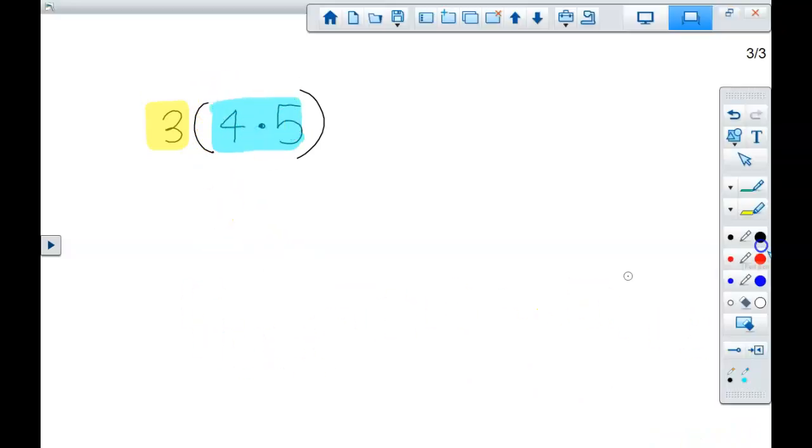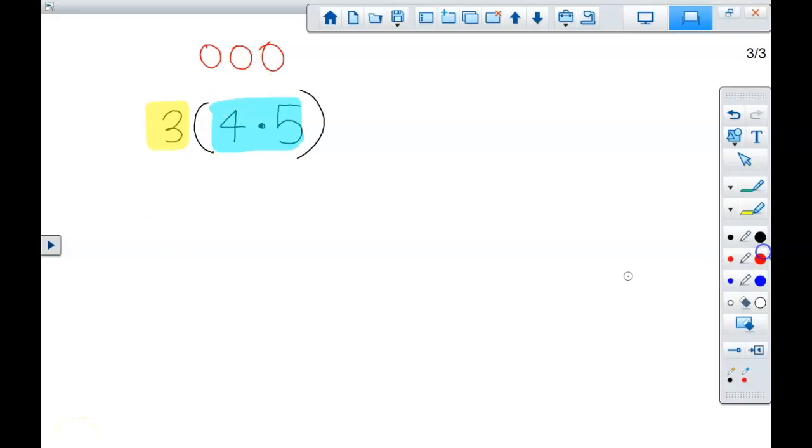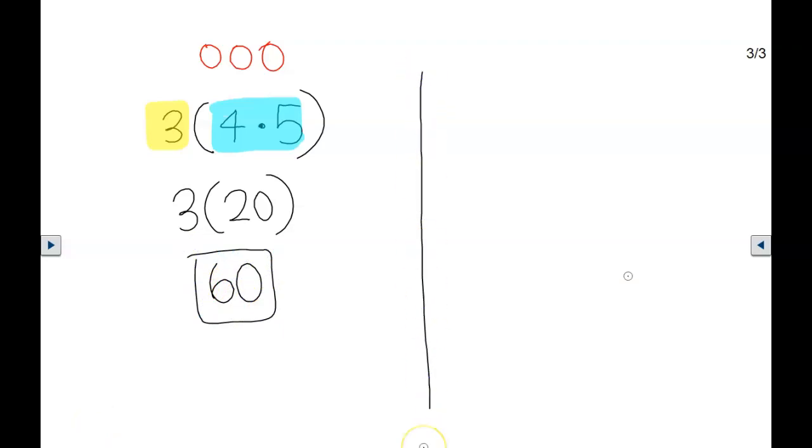So if I were doing this the order of operations way, we would do our group first. So the very first thing we would do in this problem is the 4 times the 5. 4 times 5 is 20, so this would become 3 times 20. 3 times 20 we know is 60.